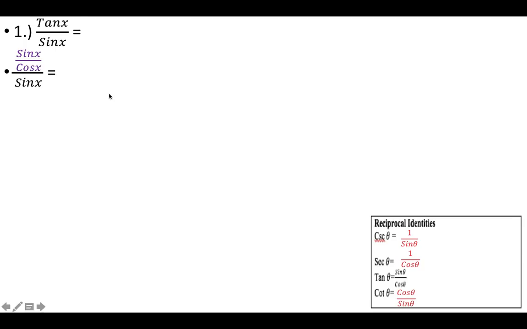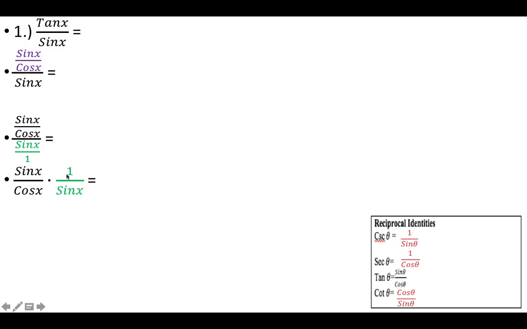What I'm going to do next is put a 1 under the sine, because when I have two fractions divided by each other, you take the bottom one, flip it, and multiply. What's cool about this flip and multiply is that the sine from the bottom cancels with the sine that's on top here.